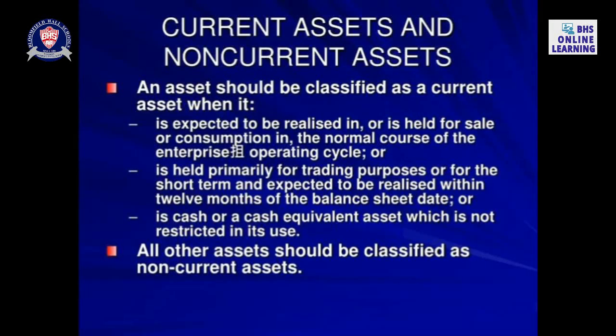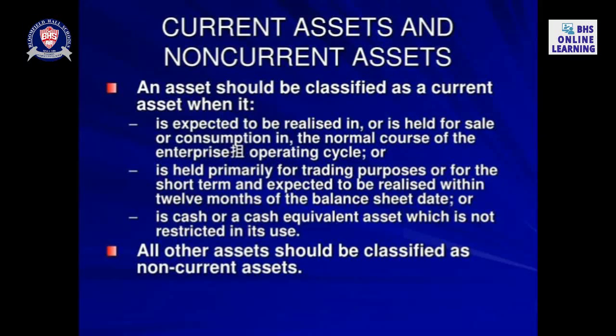It is not going to fluctuate daily, neither does the business get them revalued daily, because the business has purchased them for long-term use. So the two very important features of non-current assets are that they are for long-term use and, secondly, that they are permanent in nature.